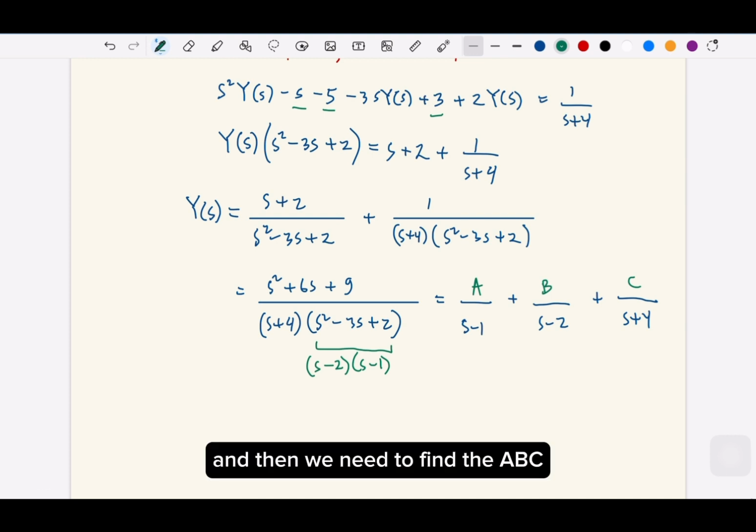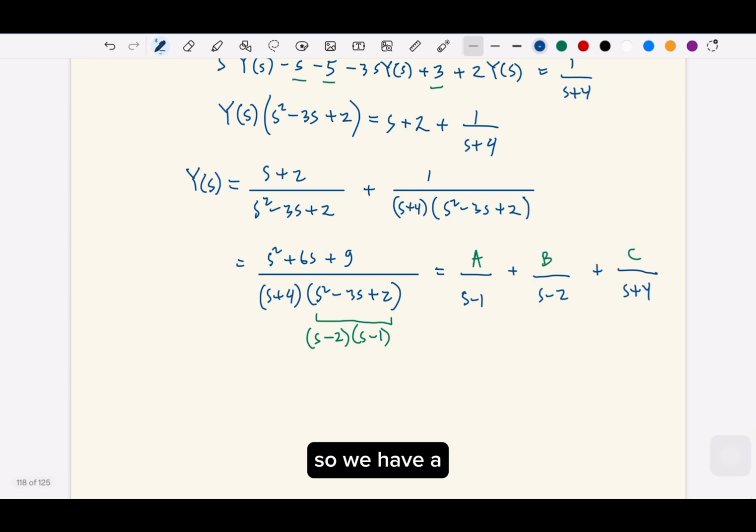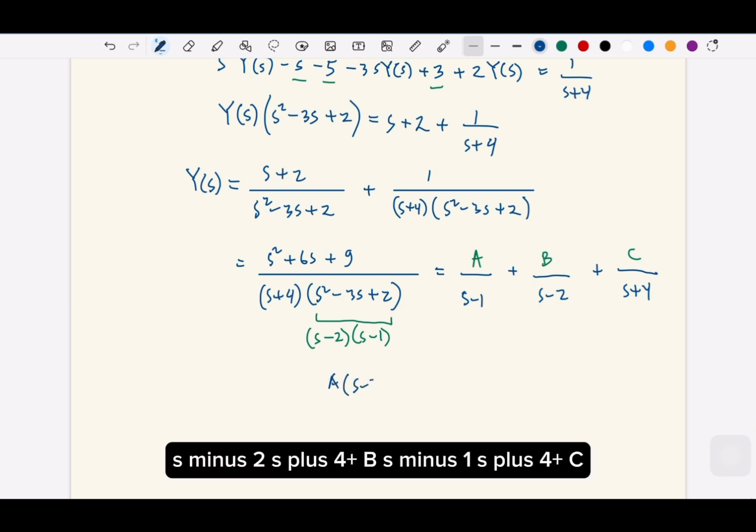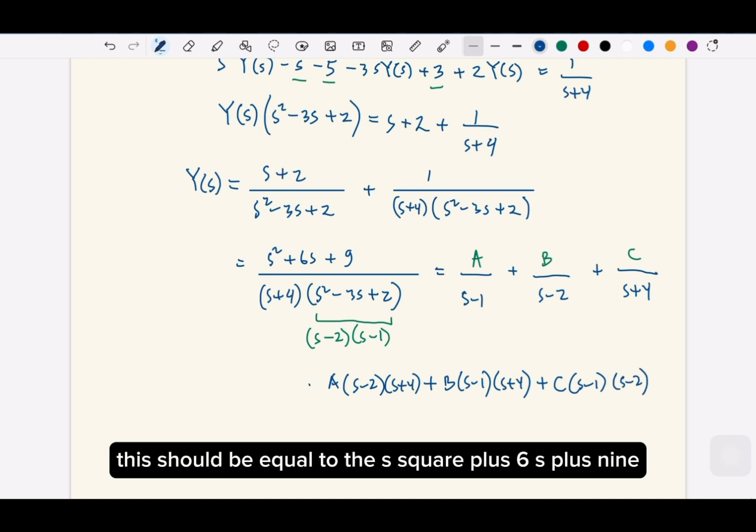And then we need to find the A, B, C. So we have A(s minus 2)(s plus 4), plus B(s minus 1)(s plus 4), plus C(s minus 1)(s minus 2). This should be equal to s squared plus 6s plus 9.